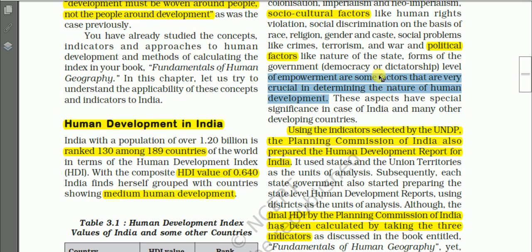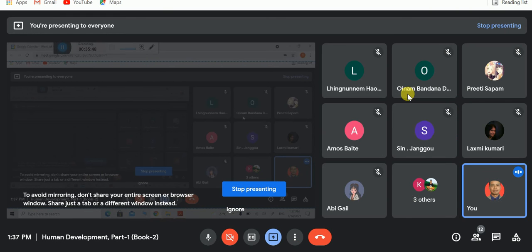For India also, using indicators selected by the UNDP, the Planning Commission of India also prepared the Human Development Report for India. So what are the three key areas used by the UNDP to measure the HDI? Do you remember? What are the three key areas used to calculate the Human Development Index for different countries of the world?